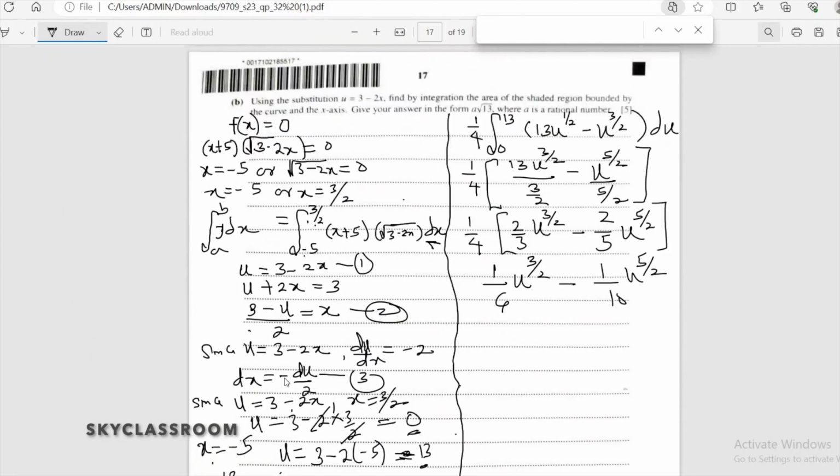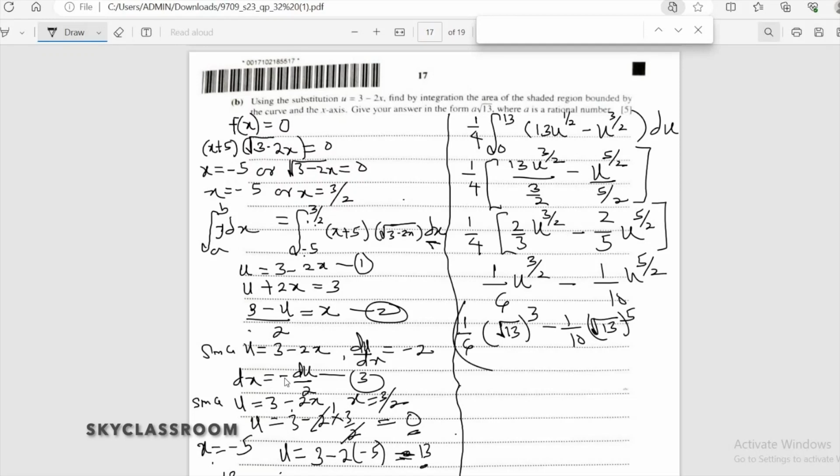So don't forget the substitution, the limit 13 and 0. When u is 13, that will be 1 over 6 square root of 13 raised to the power 3 minus 1 over 10 square root of 13 raised to the power 5.